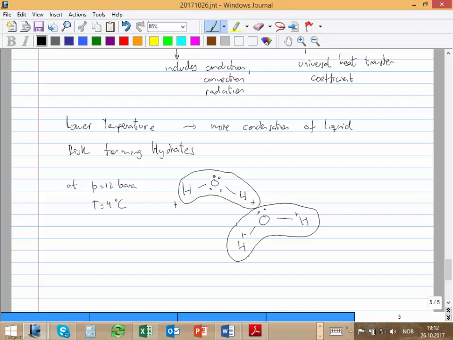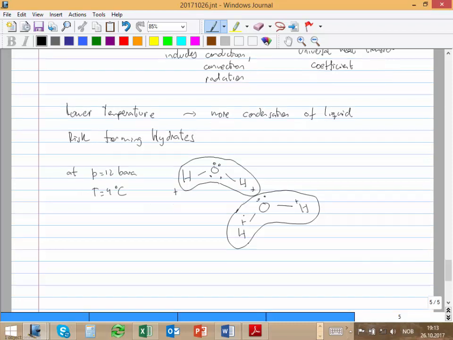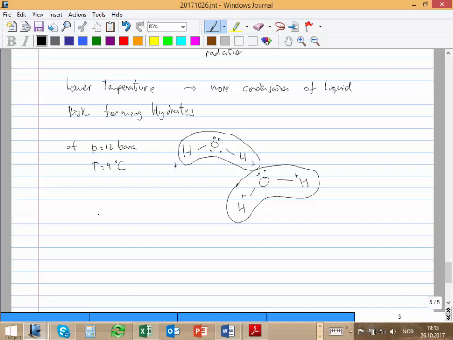So that forms, but then on top of that, when you have low pressure and low temperature, they start a process of solidification, and they become more and more rigid, and they form a structure called hydrate that is actually solid.